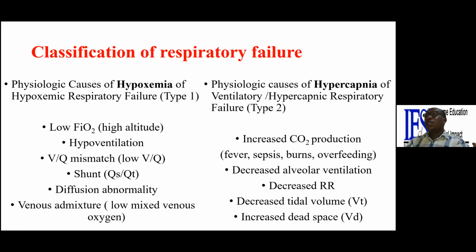Of course, the patient will be hypoventilated with ventilation perfusion mismatch. Of course, the shunt, at the level of the shunt, it can lead to that. Of course, a diffusion abnormality, and the last one, low mixed venous oxygen called the venous admixture.